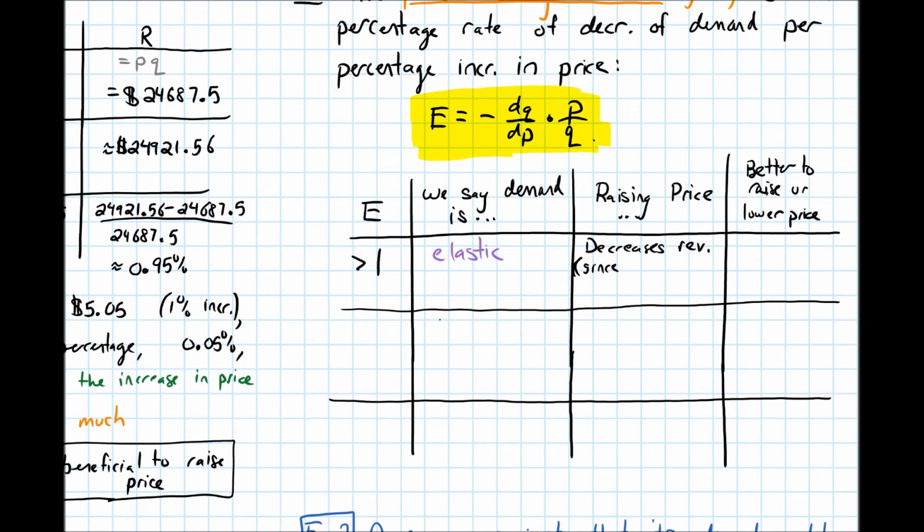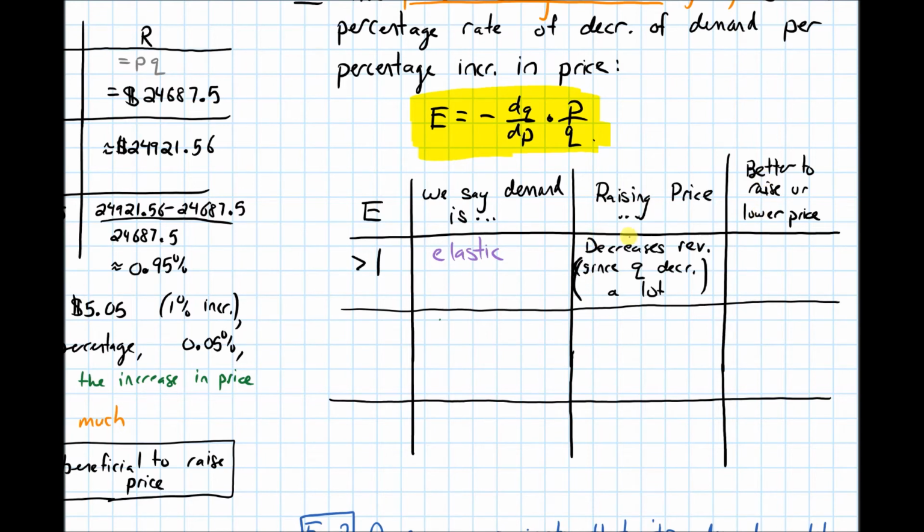Technically, it just decreases more percentage-wise than the price increases. And that's what leads to the revenue overall decreasing. So in that scenario, is it better to raise or lower the price? Well, if we were to raise the price, that's going to decrease the revenue. So it's better to lower the price.